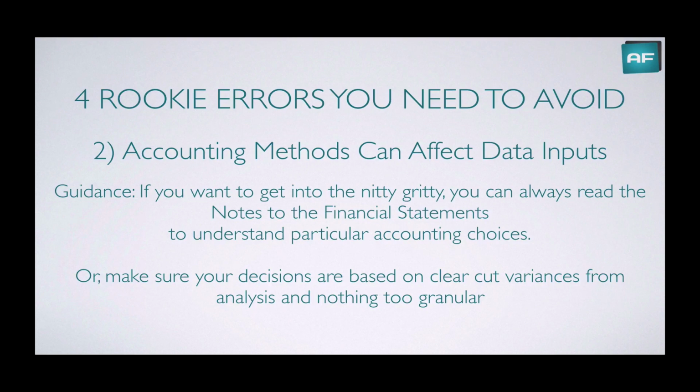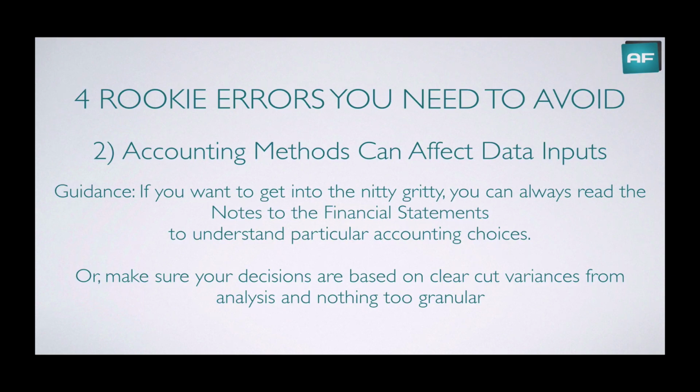Or, a more simple solution is to make sure that your decisions are based on clear-cut variances from analysis and nothing too granular. So if you're choosing between an investment in 2 different companies, make sure that your ratio analysis interpretations are clear-cut. Perhaps a profit margin of 50% versus 20%, as opposed to a profit margin of 19% versus 18%.